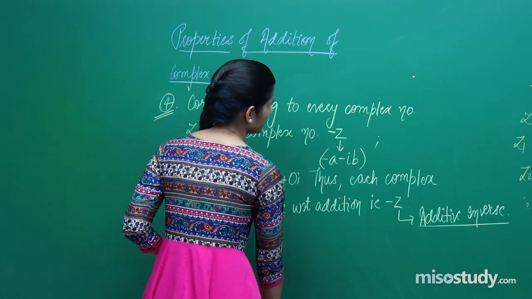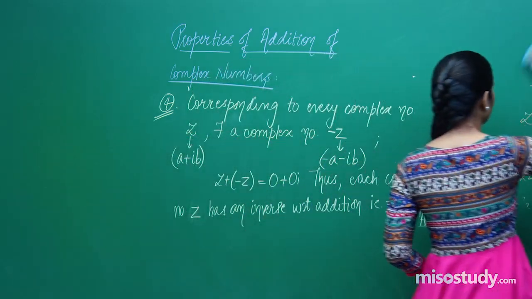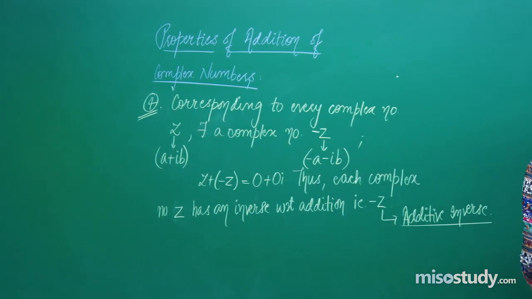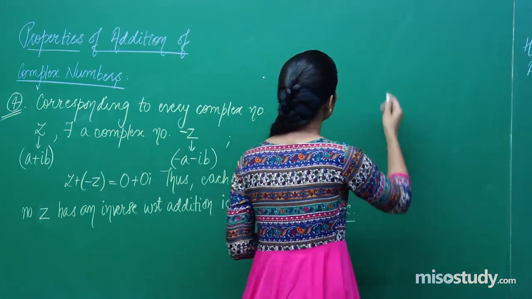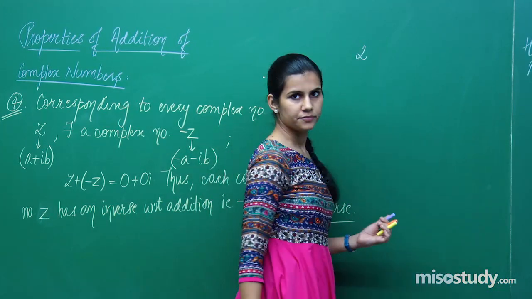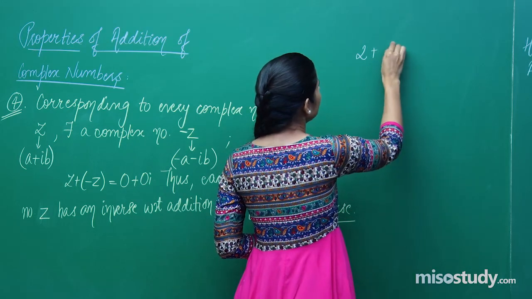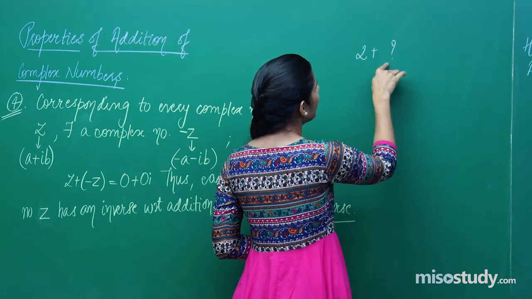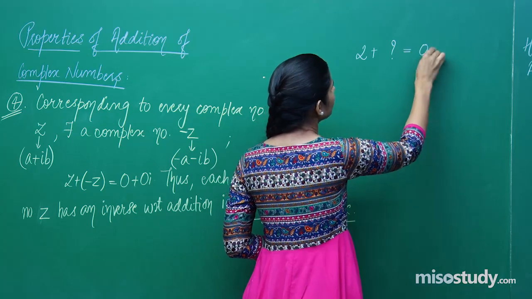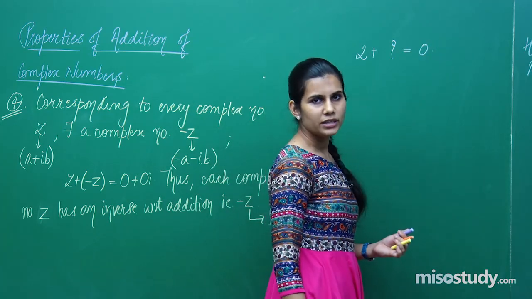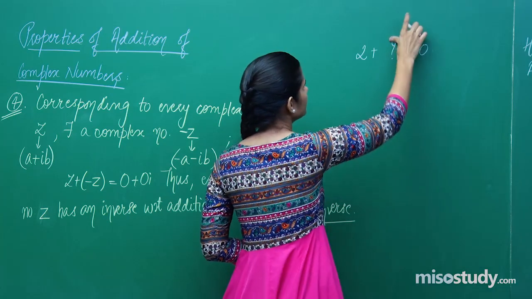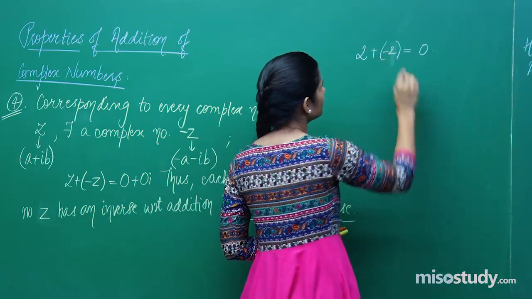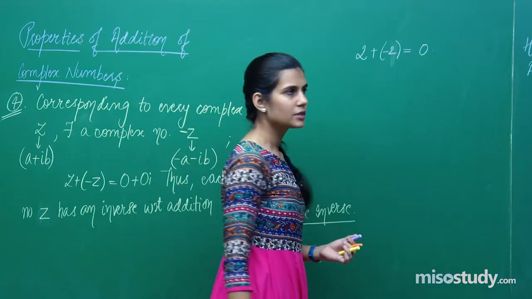What I am trying to say is, if I compare this property with the set of all reals, does this happen in reals? Does this happen in reals, that you have any real number with you? Does there exist a real number which, when I add with 2, I get the additive identity with respect to addition in the set of real numbers, that is 0? And your answer is, of course, there exists minus 2.